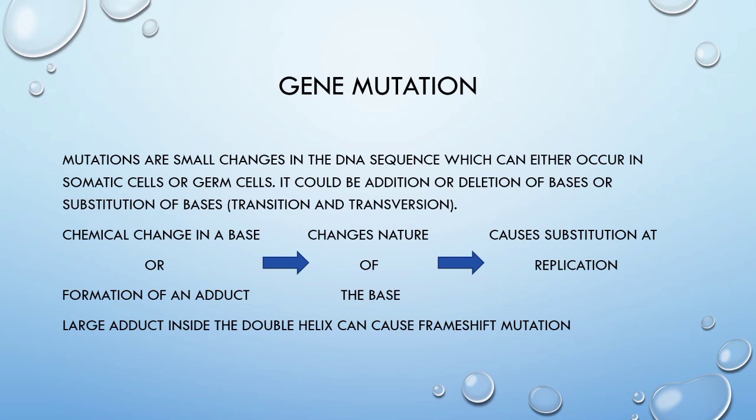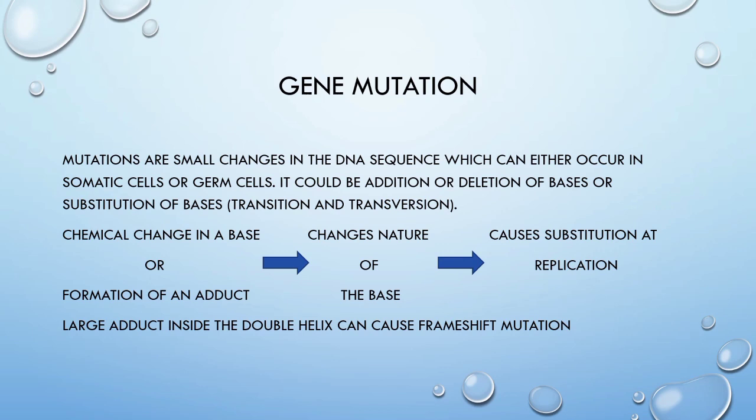It's a transition when a purine is converted to another purine, or a pyrimidine to another pyrimidine, like from cytosine to uracil or cytosine to thymine. Or it can be a transversion when it's converted from a pyrimidine to a purine, or a purine to a pyrimidine. For example, adenine being changed to cytosine. That is a transversion.